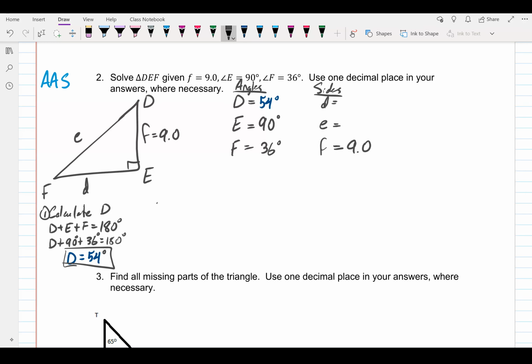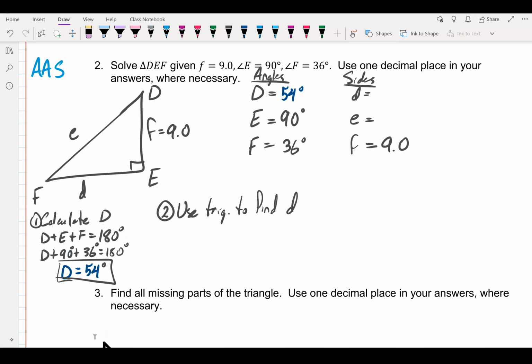Well, the second step in many cases is to use trig. So I'm going to use a trig function to get little lowercase d. And you might be wondering, why am I choosing to find d? Well, let's just look back at my triangle.